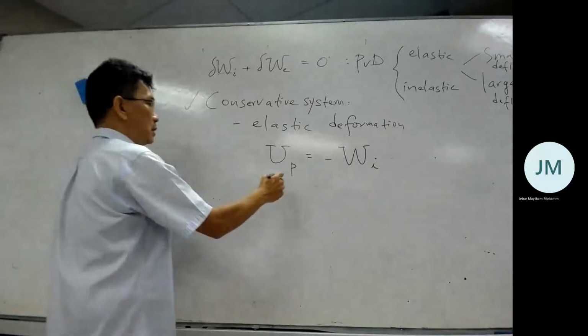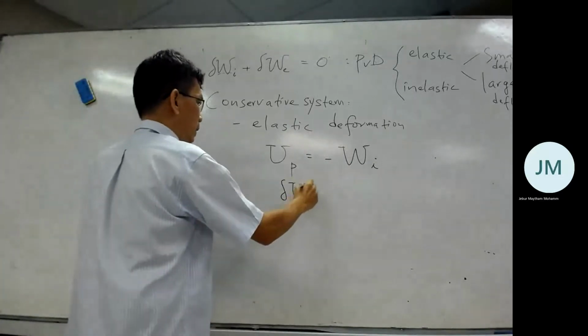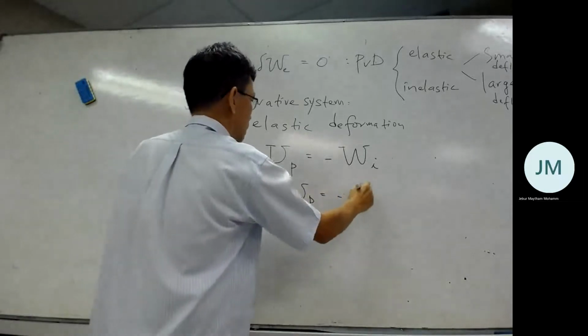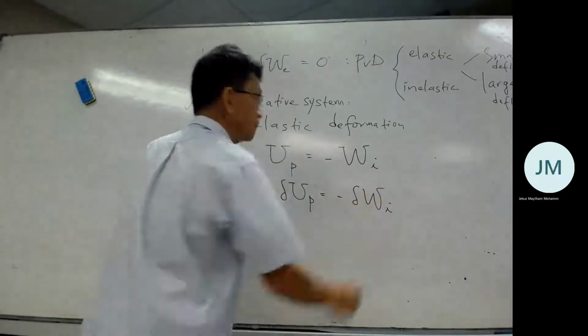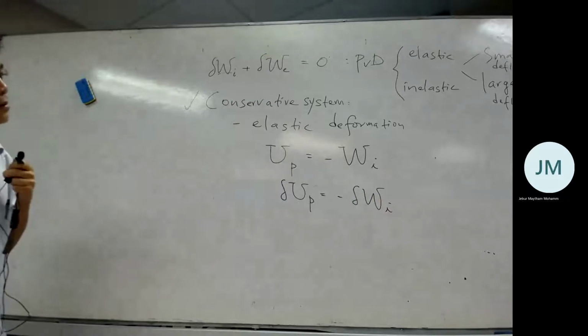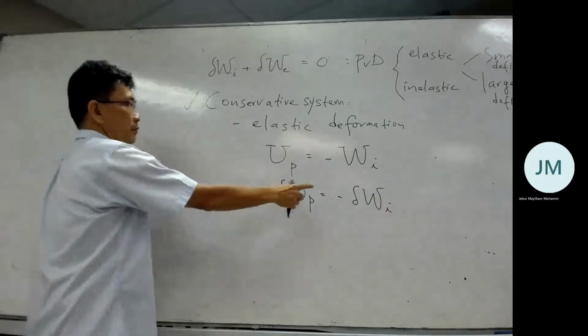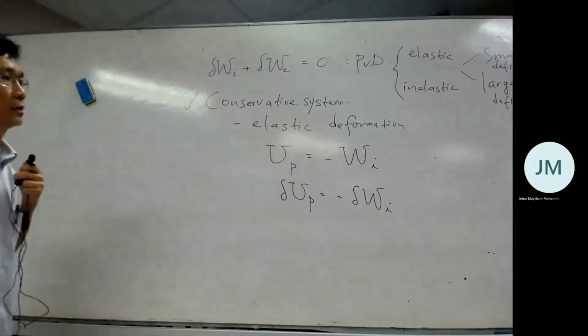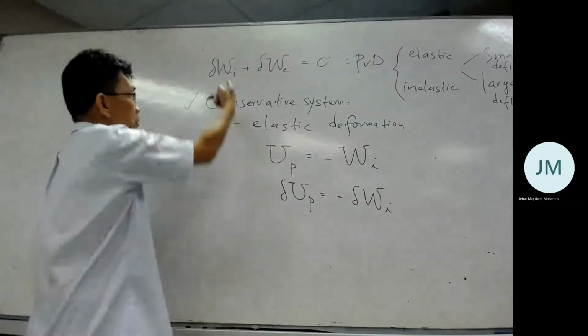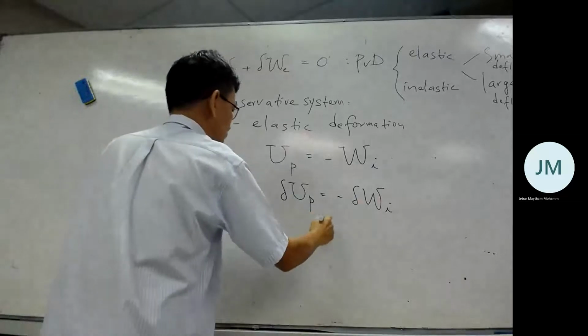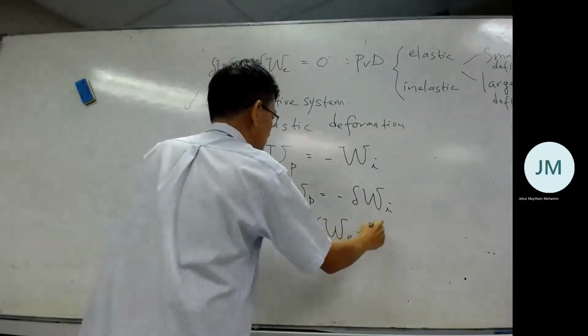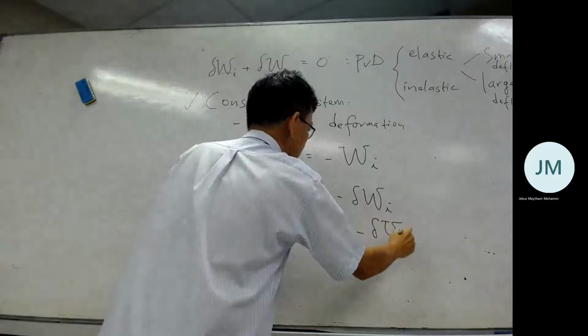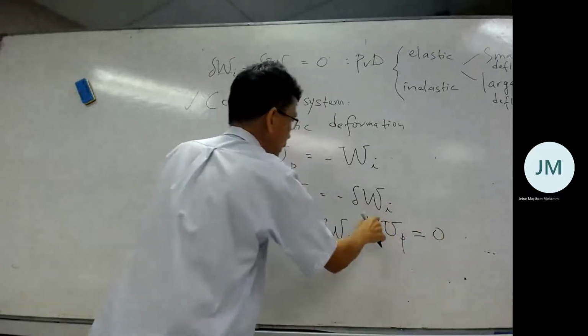So if we have this, then we can relate this to this. Then notice that we have this, we can put inside here. So when we substitute this into here, we get delta WE minus delta WP equals 0.